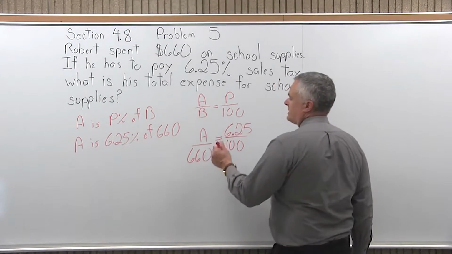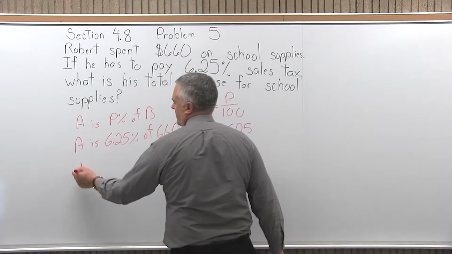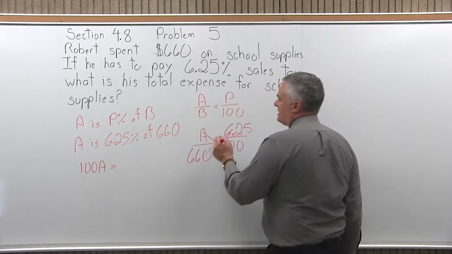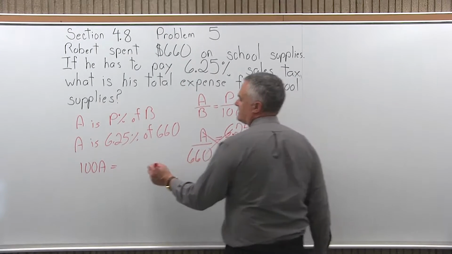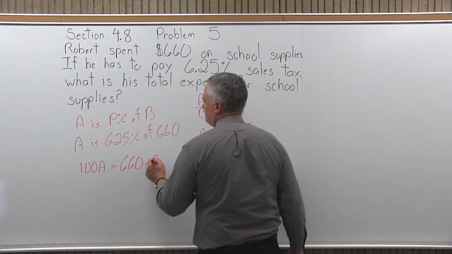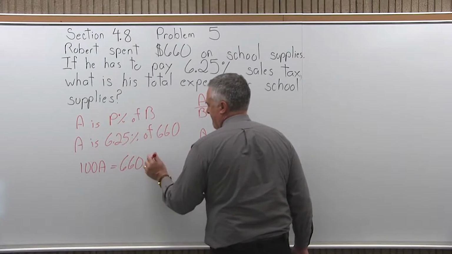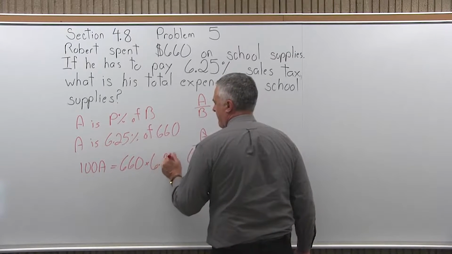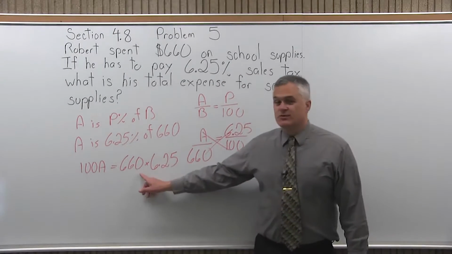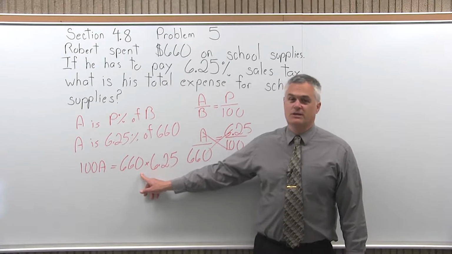To solve something like this, we cross multiply. So A times 100 is 100A, and that'll be equal to 660 times 6.25. 660 times 6.25 is not a multiplication that most people can do easily in their head.